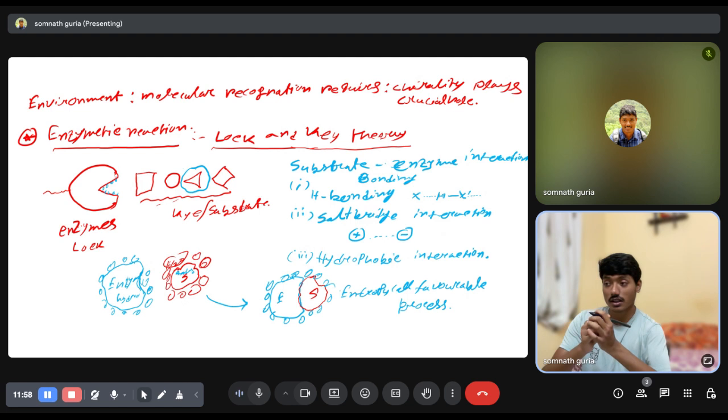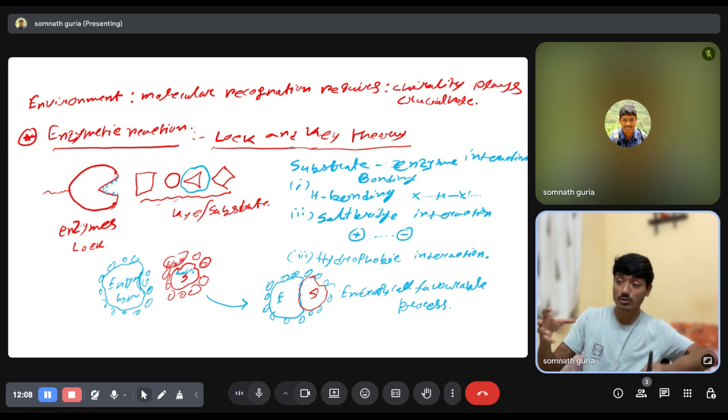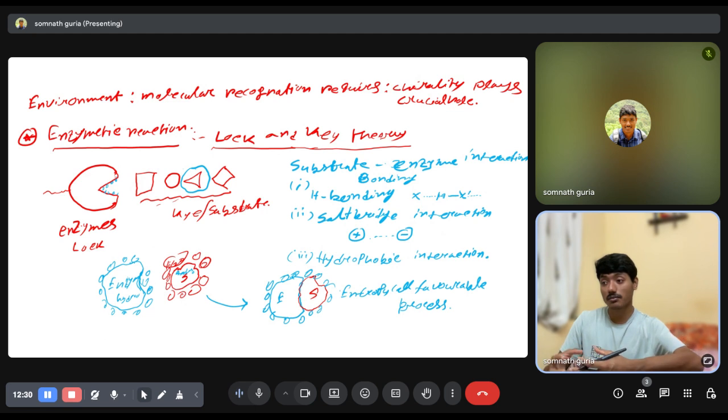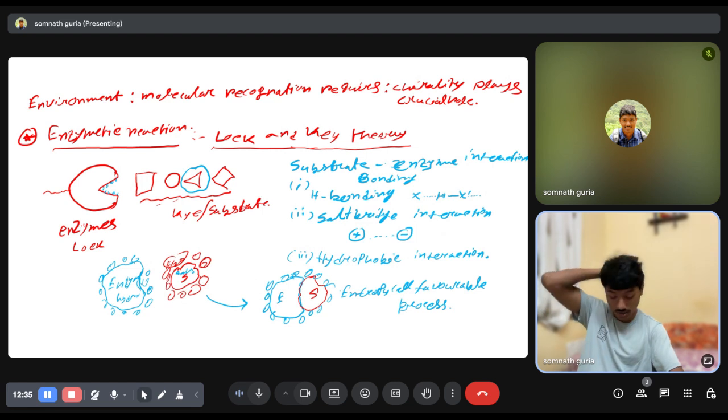Initially our system was surrounded by water molecules, with the hydrophobic substrate and hydrophobic enzyme surrounded by some water molecules. When those combine together, a huge number of water molecules come out of the system, and it becomes entropically favorable. The hydrophobic parts combine together, and it becomes a favorable process, which is called the hydrophobic interaction.